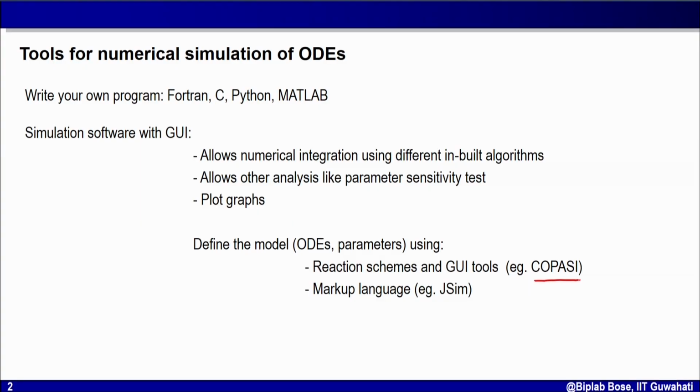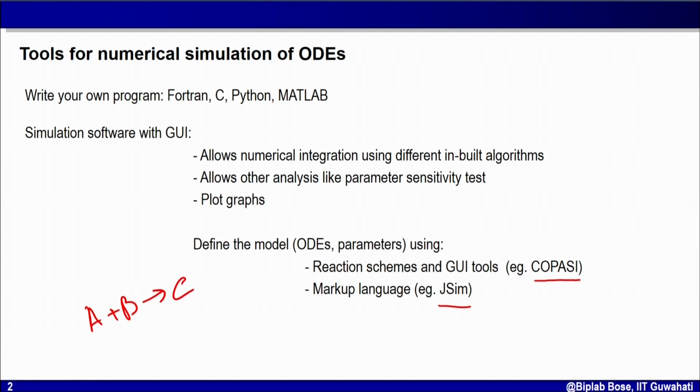For example, in software like Copasi, you can define a reaction just like A plus B reacting to give rise to C, like this. Whereas in JSim, which we will learn, we will have to define the model in a specific manner, using a specific language that JSim will understand.